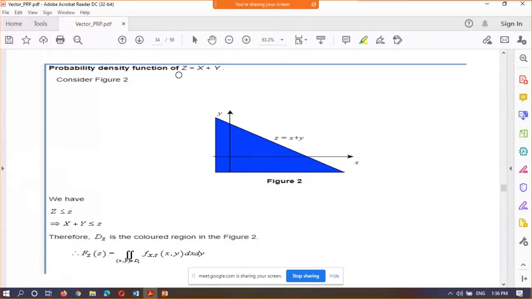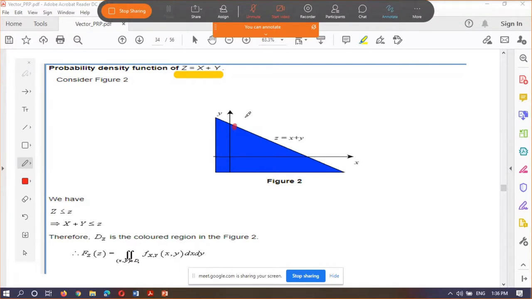For the first case, we talk about the simple transformation Z equals X plus Y. Because we cannot show the infinite domain here, it is plotted like this blue region.